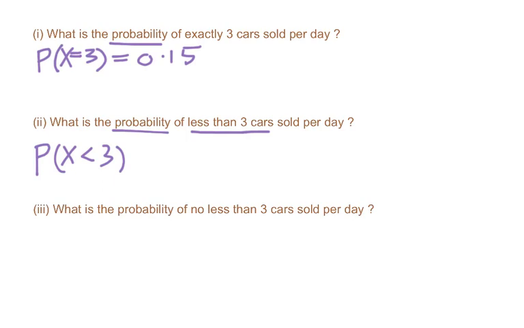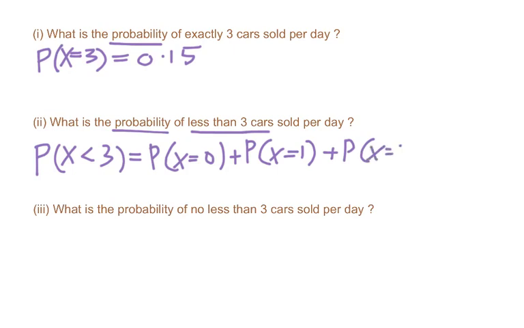So in terms of the equal symbol, we have probability of x equals to 0 plus probability of x equals to 1 plus probability of x equals to 2. Again, 3 is not included because it's less than 3.